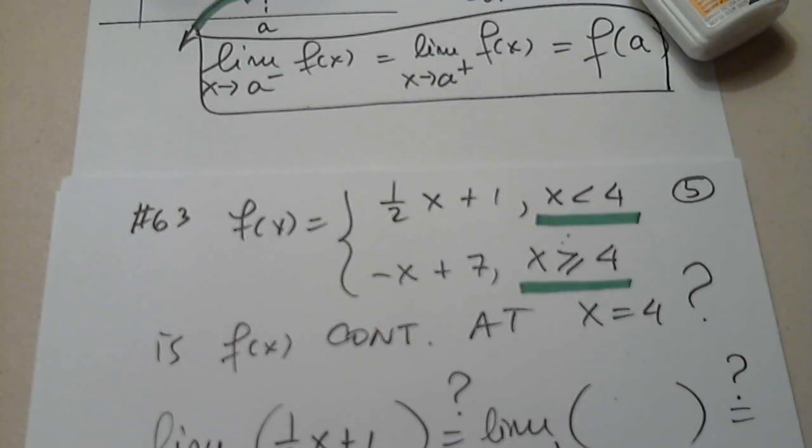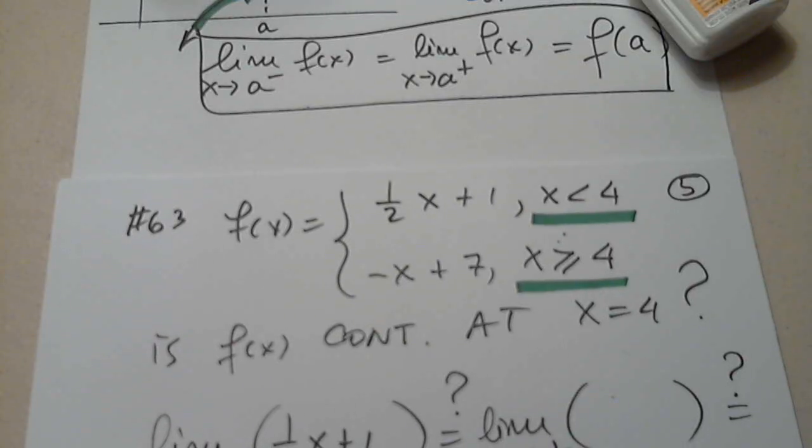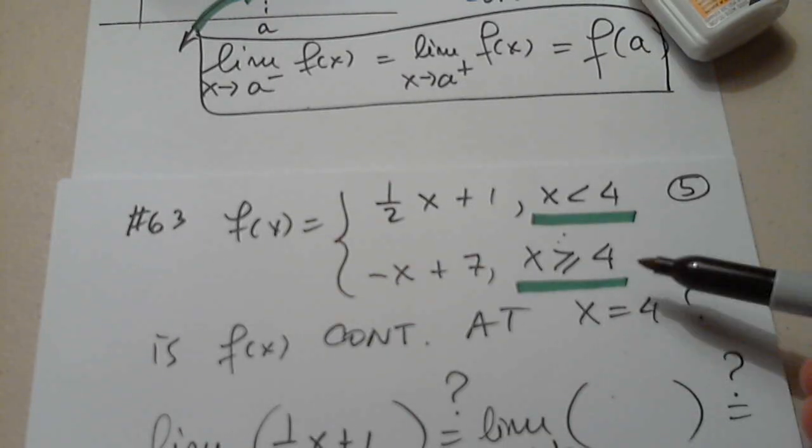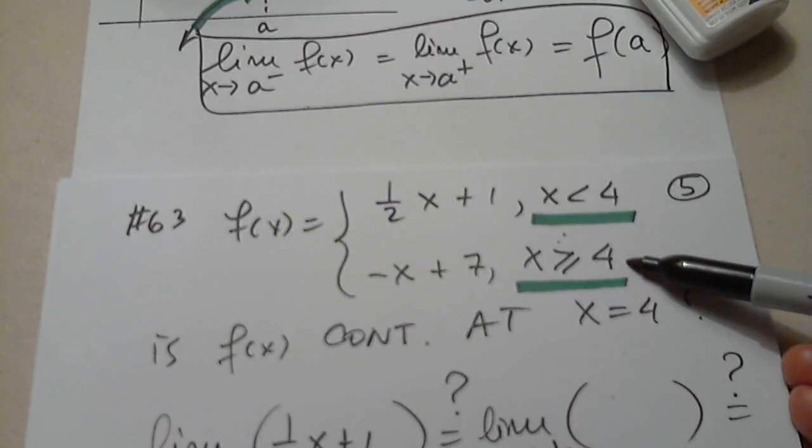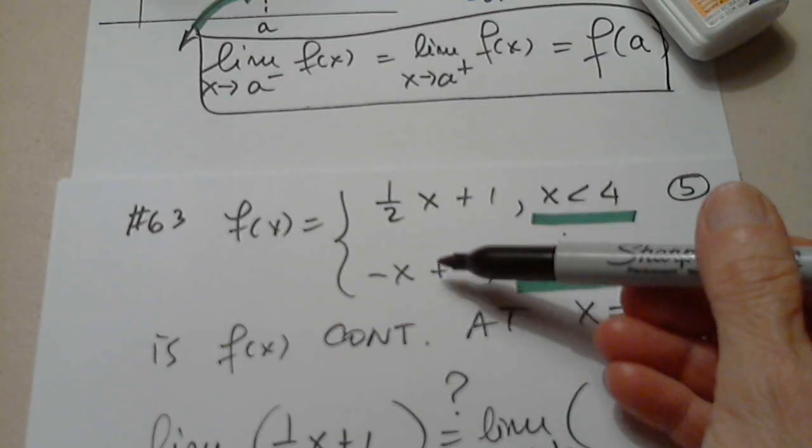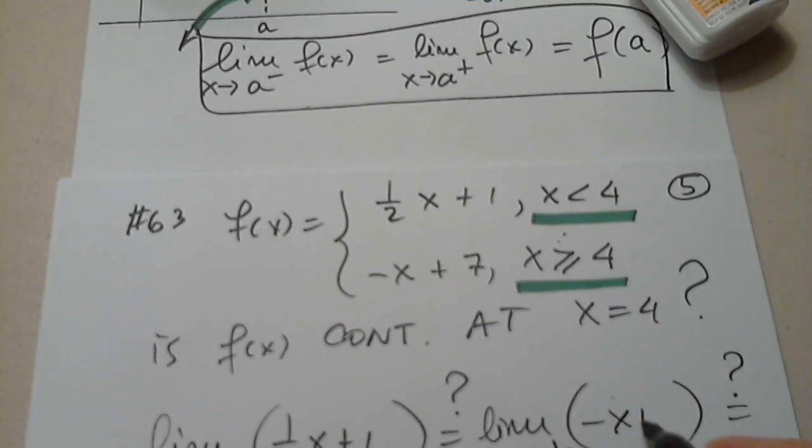I know it's redundant, but I'm going to ask anyway. Are you certain that 4 from the right is in this interval? So then I have to plug in negative x plus 7. What branch do I use for f of 4? I can only use one.